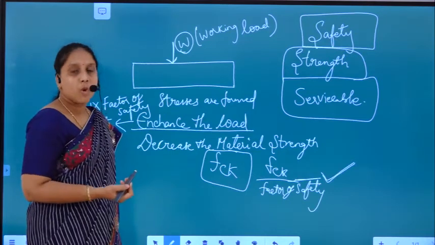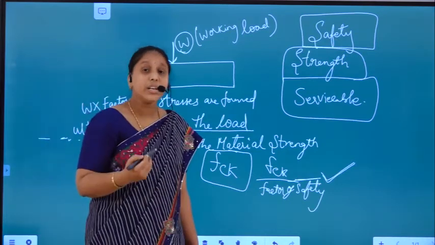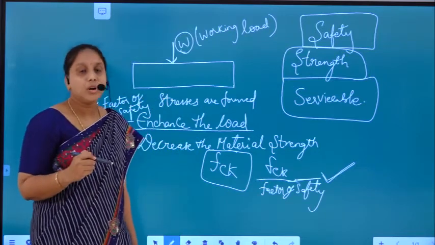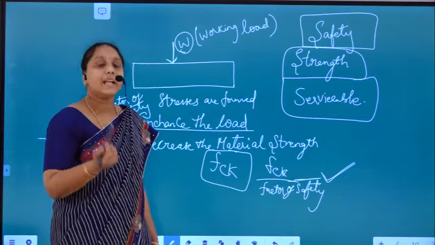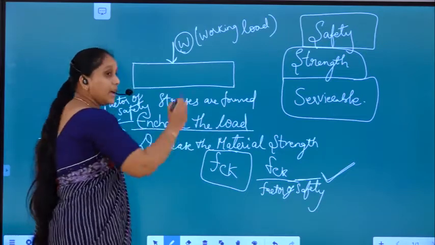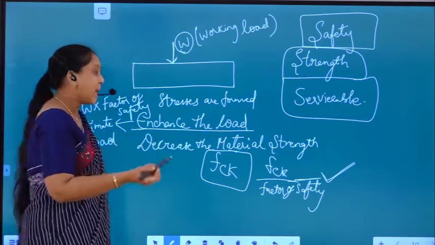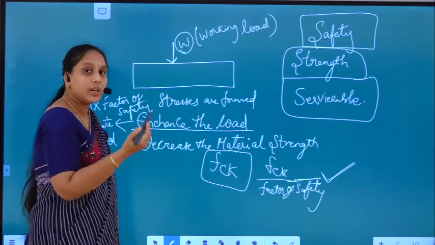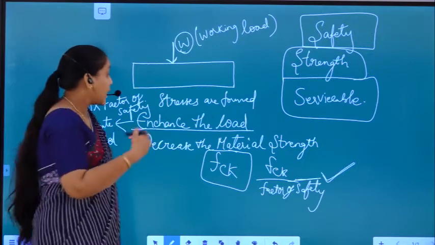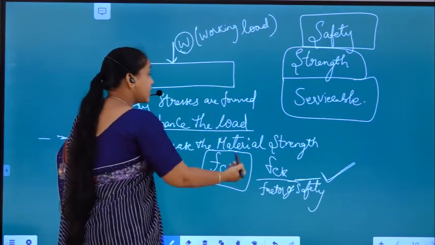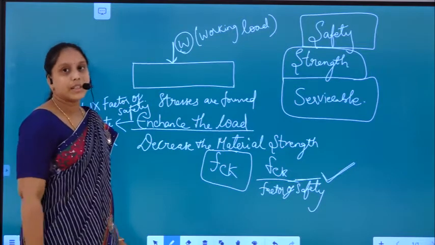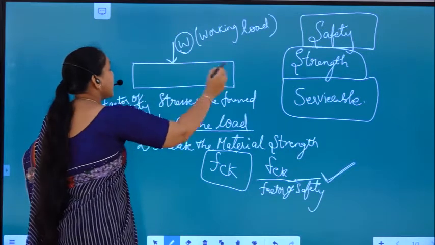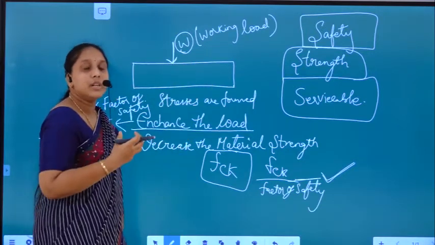So for that reason, keeping the safety point of view in the design, we are going to enhance the load by multiplying it with a suitable factor of safety, and we are designing for the ultimate load and for the lesser material strength. That is, when the working loads are acting, these materials, concrete and steel, have some strength.